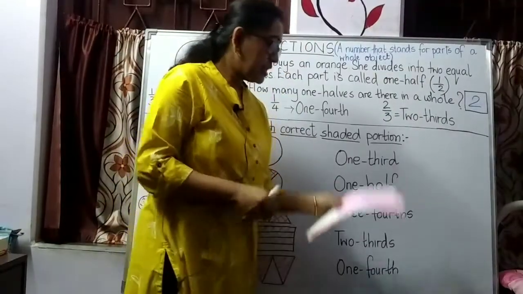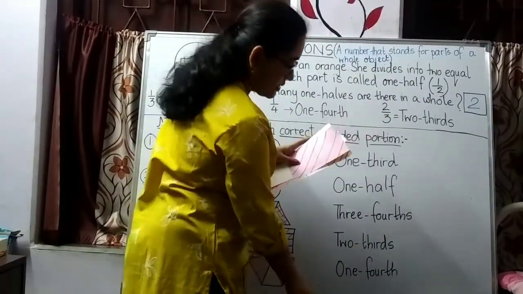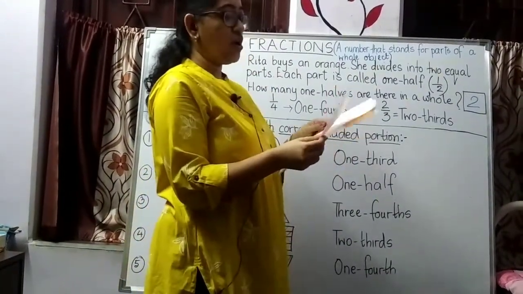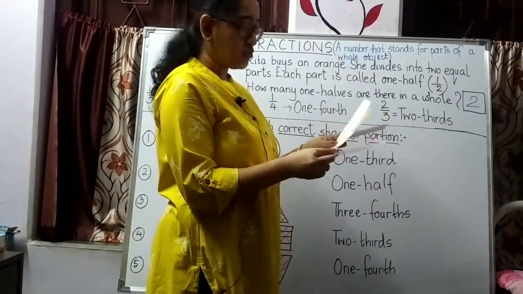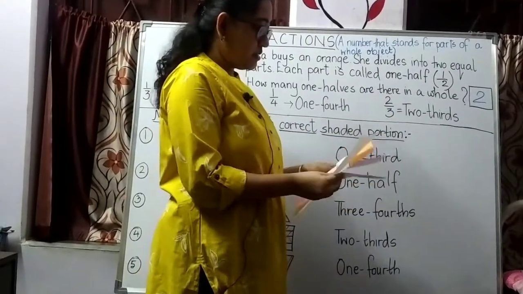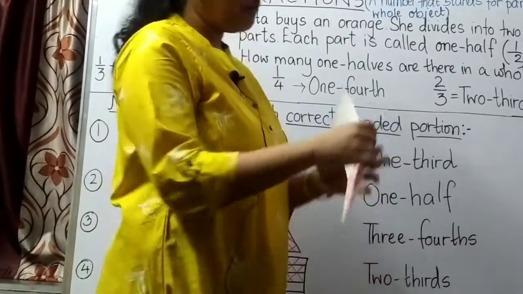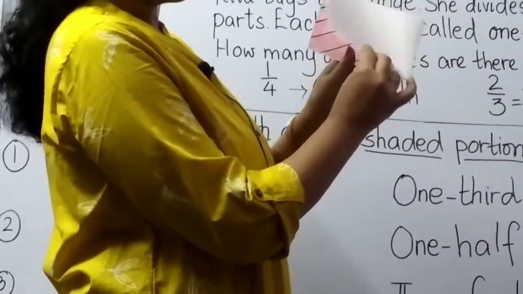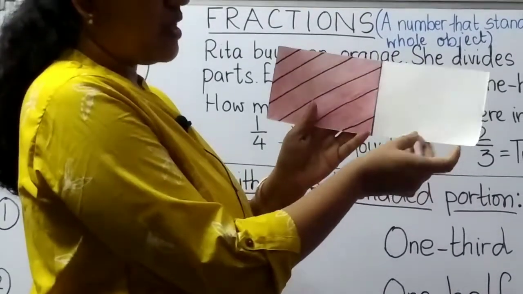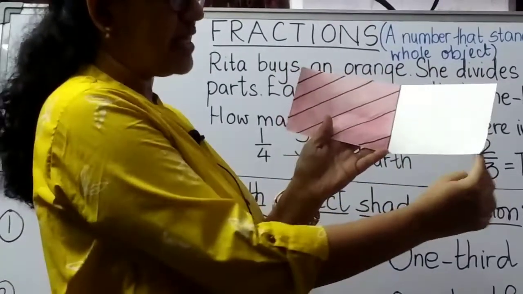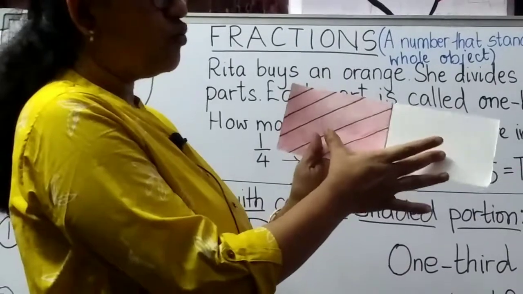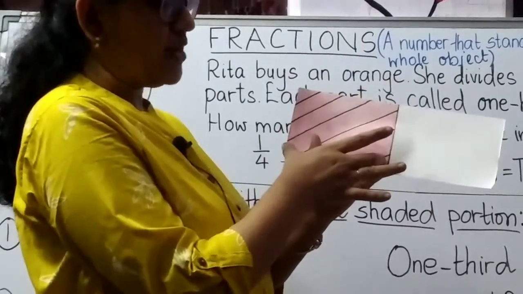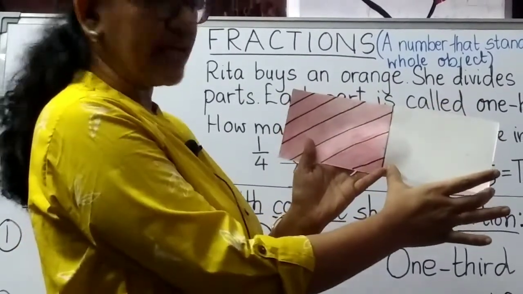Now, look at these sheets. I want to explain the concept through these sheets today. Now, look at the first sheet. Suppose this is the whole object. Now this whole object consists of two parts. This is one part and this is the second part.